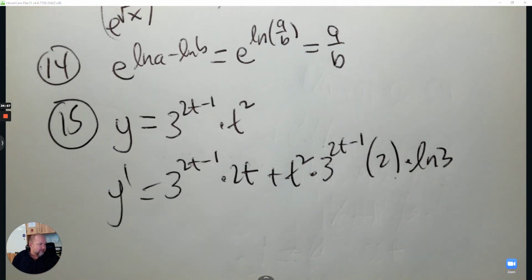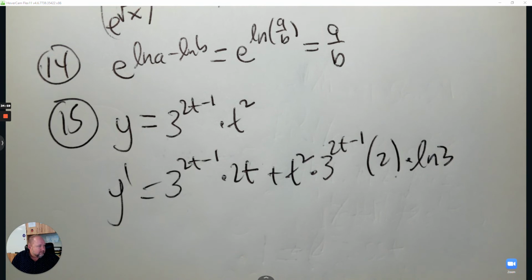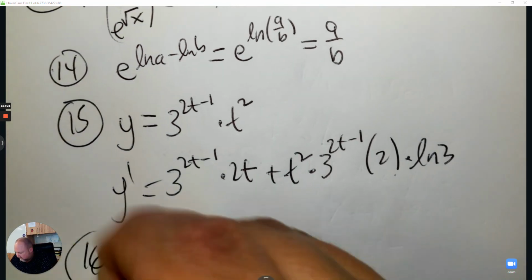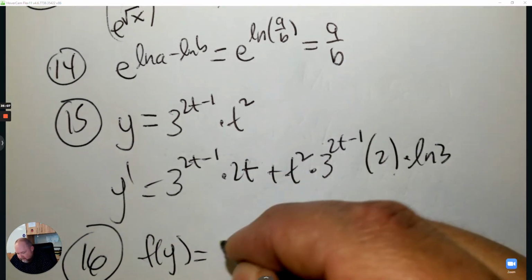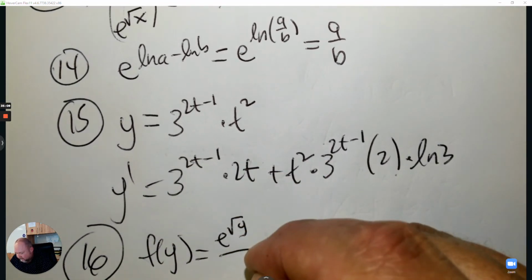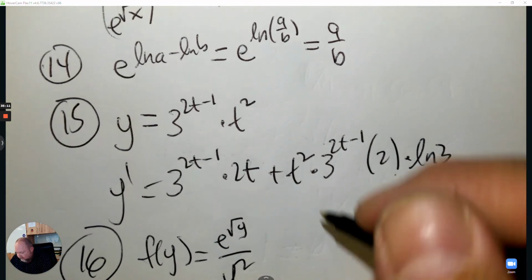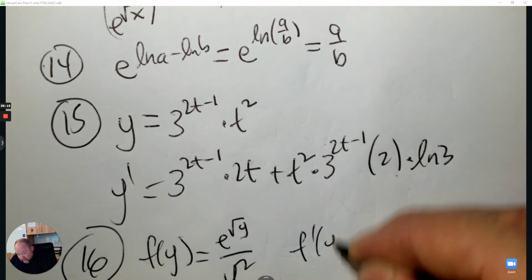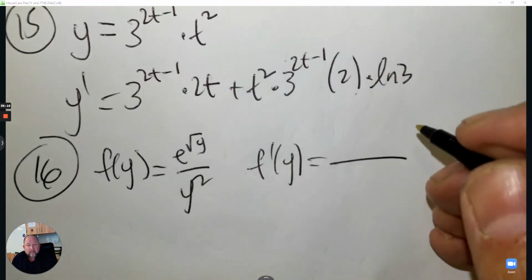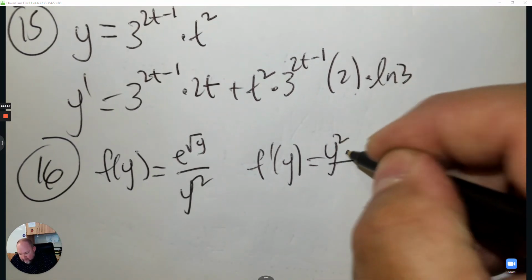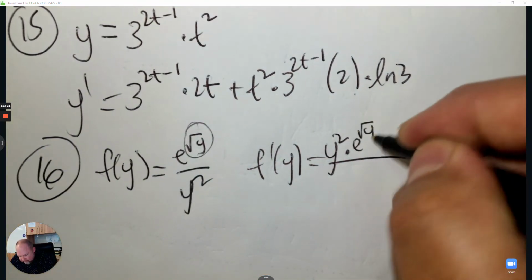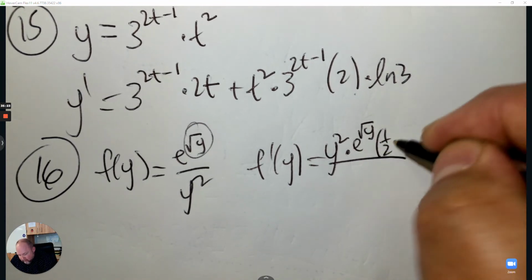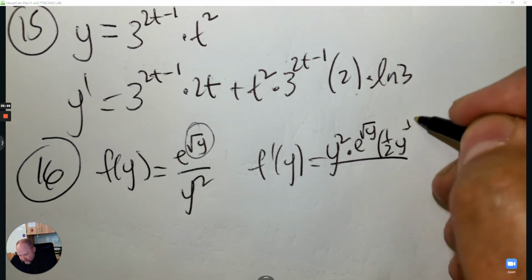Number 16. f of y, e to the square root of y squared. Can you take the derivative here using the quotient rule? That's the bottom times the derivative of the top. So you copy it. Square root of y would be 1/2 y to the negative 1/2.